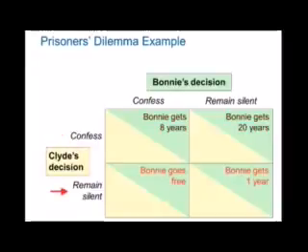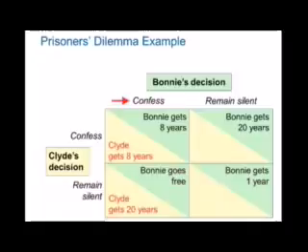If Clyde remains silent and Bonnie confesses, then Bonnie goes free. On the other hand, if Bonnie remains silent and Clyde remains silent, then Bonnie gets just 1 year in prison. So the green triangle shows Bonnie's decision. What Clyde does affects Bonnie's outcomes.